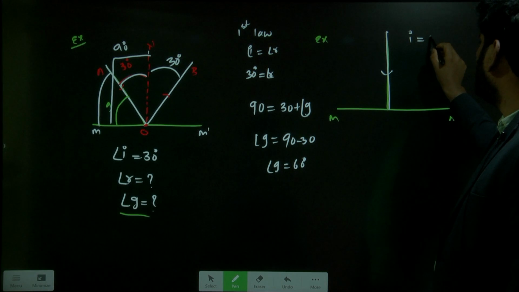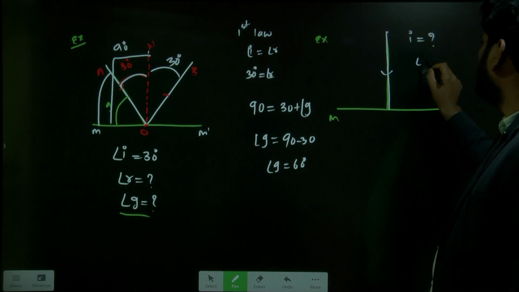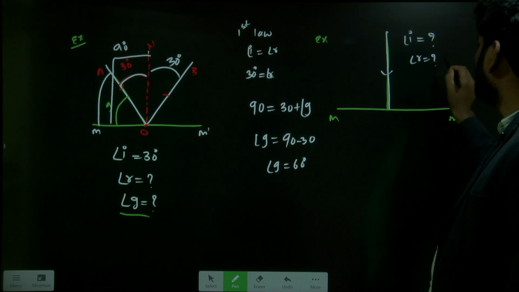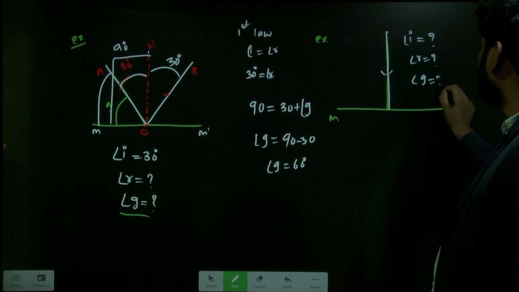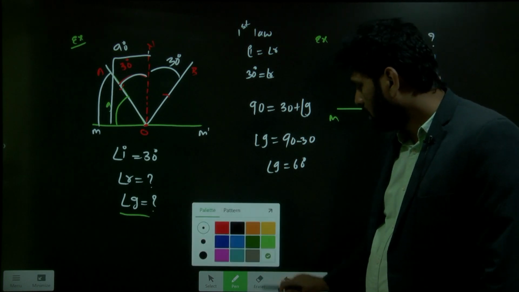So the very first question is, what is the angle of incidence? What is the reflected angle? What is the glancing angle? These three answers I want.